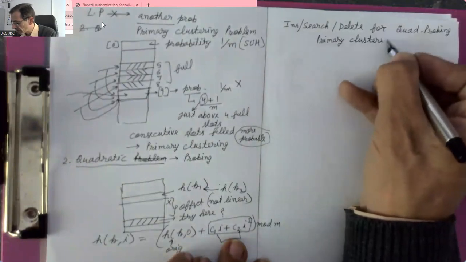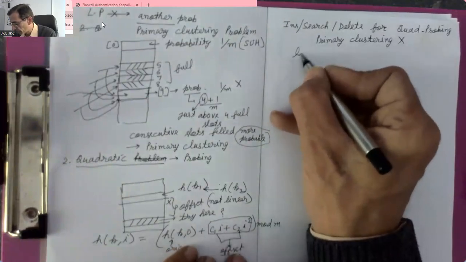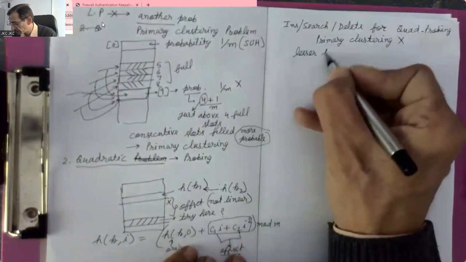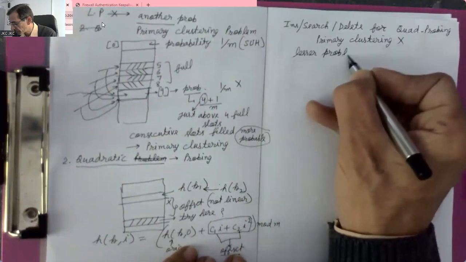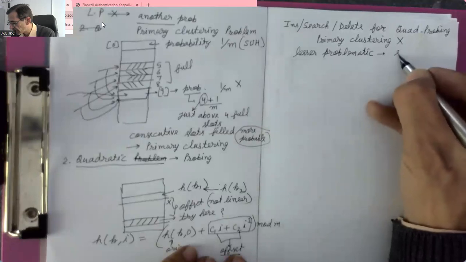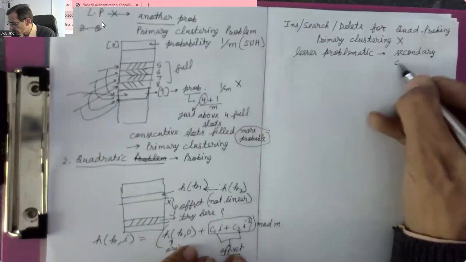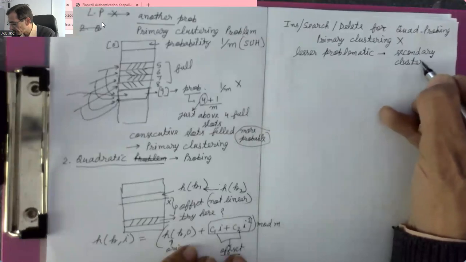But this has another, lesser problematic issue of clustering, which is called secondary clustering. What is that? I'll explain.